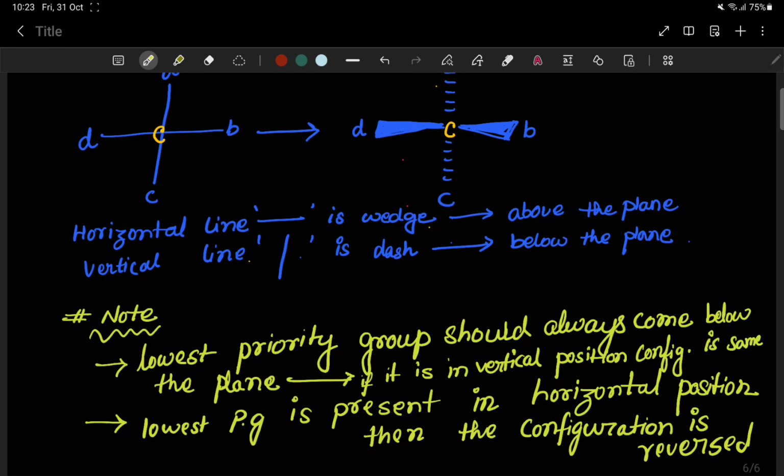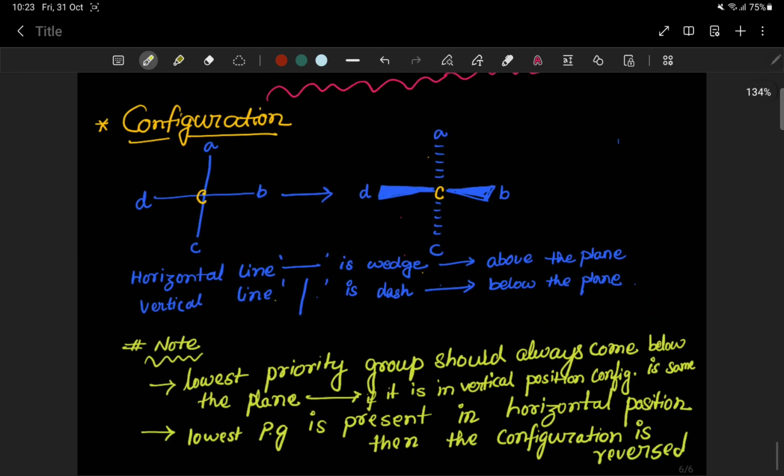So again, I'm revising this topic for you so that you can have a clear overview of it, because once you miss this, I won't be able to make you understand what's going on next. How you will assign the lowest priority group, we'll be discussing just after this topic. So this lowest priority group should always come below the plane.